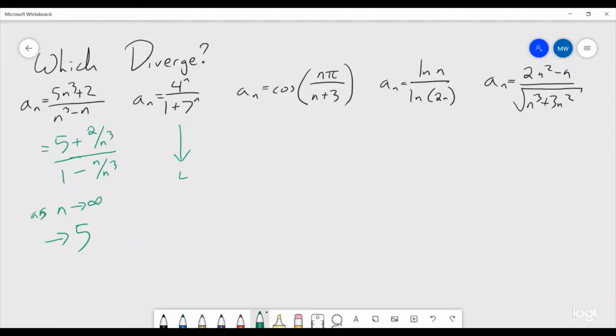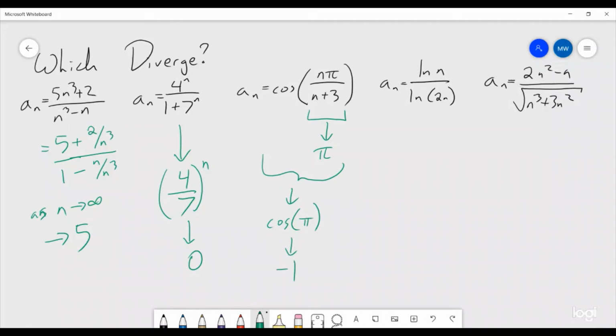This is going to go to 4/7. So this is behaving like 4/7 to the n, which is going to go to 0, so that one will converge. n pi over n plus 3 is converging to pi, which means that this whole thing is going to converge to cosine of pi, and cosine of pi is negative 1, so this one will converge.